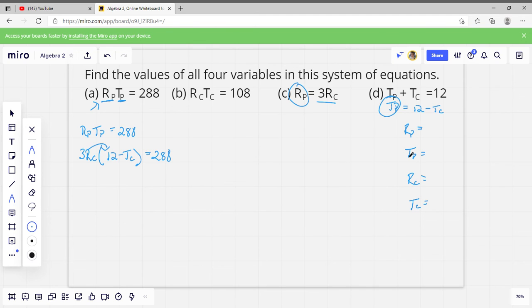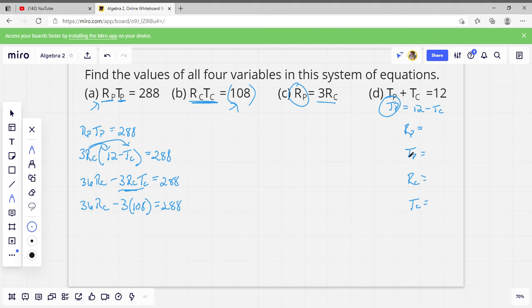Now I've got to distribute. 3 times 12 would be 36 RC, and then minus 3 RC TC equals 288. Okay, so here's the tricky part. We have to see that this RCTC is the same thing as here and substitute in 108. So 36 RC minus 3 times RCTC, which is 108, equals 288.